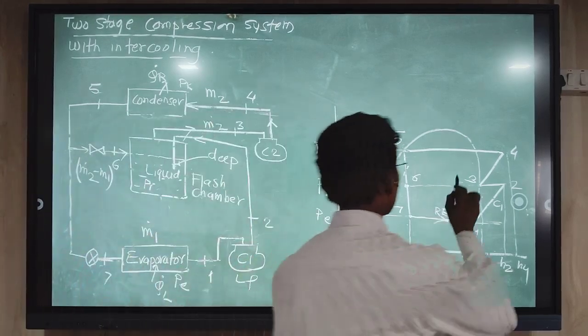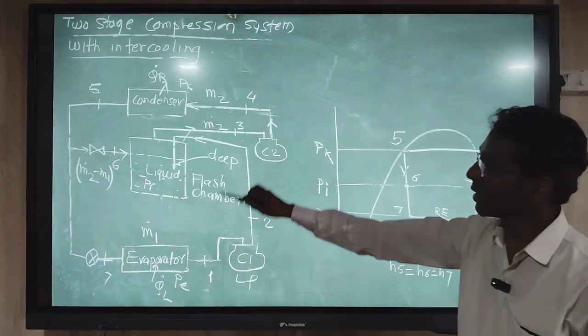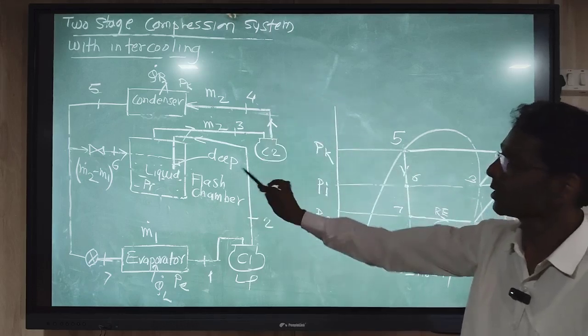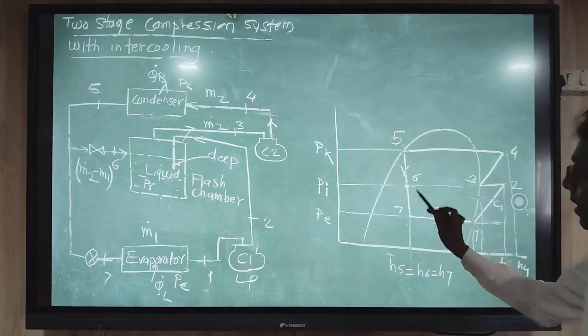So this is the schematic or construction of the two-stage compression system with intercooler. This is a p-h diagram.